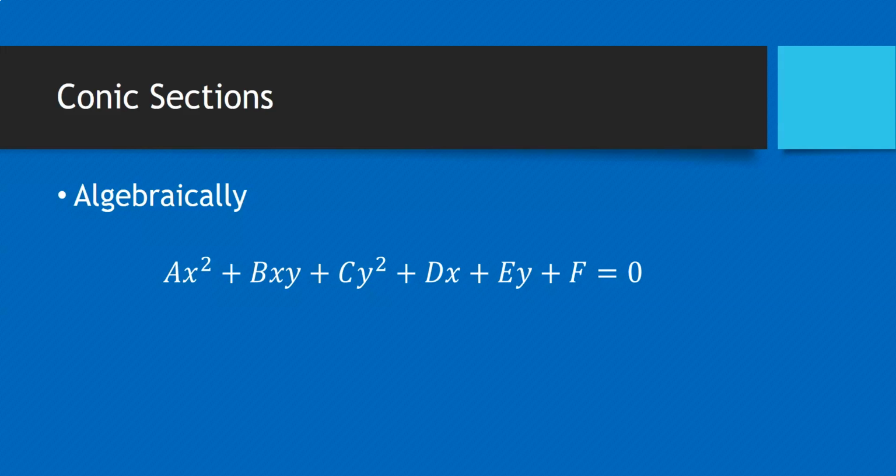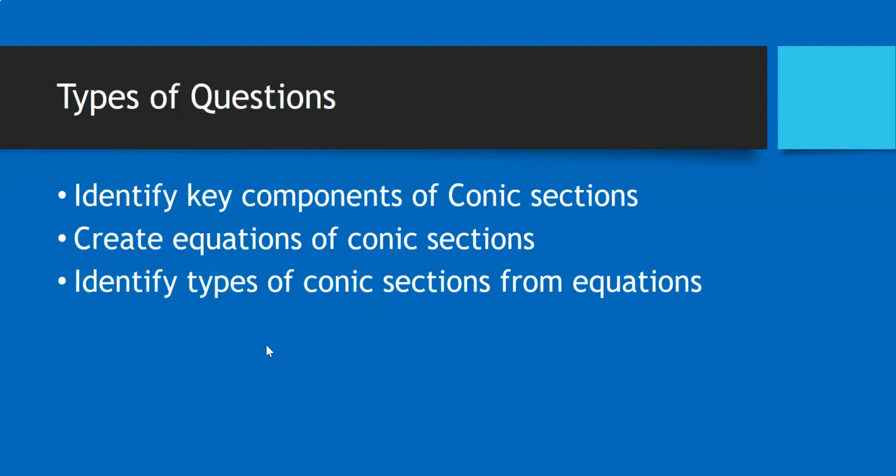So basically, algebraically, we can write each conic section as equivalent to this one. And what we should notice is that our variables x and y both have squared components here. Obviously, we can let a be 0 or c be 0 and not have the squared components, but the main sections other than the parabola are going to have both x and y squared terms. So this is what conic sections are going to look like algebraically.